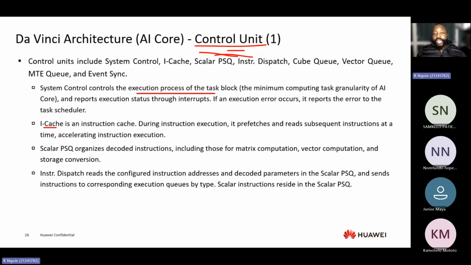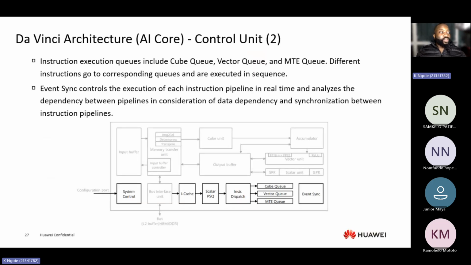It's basically a traffic controller of the system. That's how the control unit works. Remember what I said: it fetches the instructions from the RAM, which is the memory, decodes the instruction, sees where the instructions are going to be sent, and then continues and stores whatever needs to be stored.